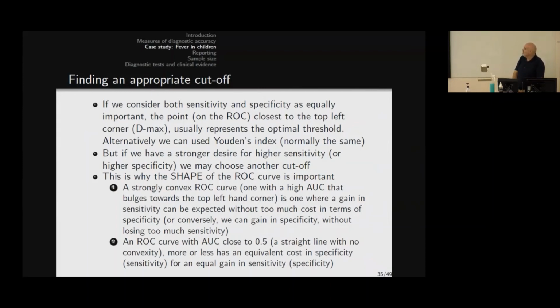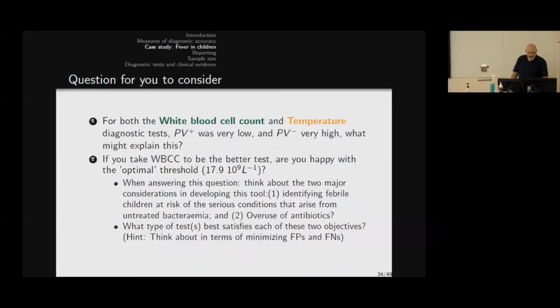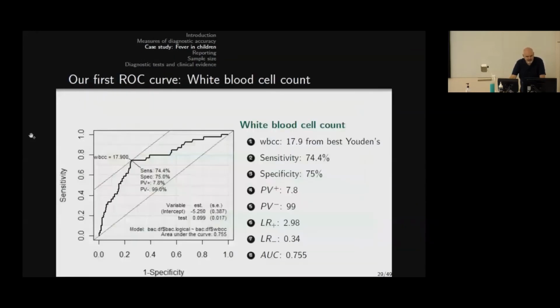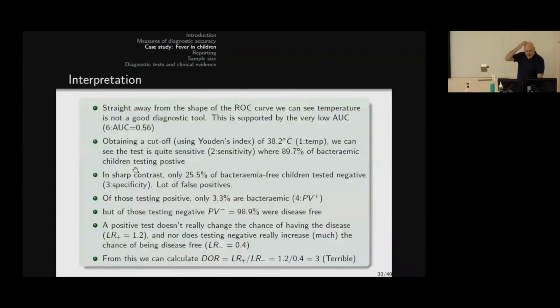And the second is a measure called Dmax, which essentially represents the point on the curve that is closest to this top left corner. That's all Dmax is. And you can see that that's that value there. So in this case, both Youden's and Dmax gave us exactly the same value. All right.